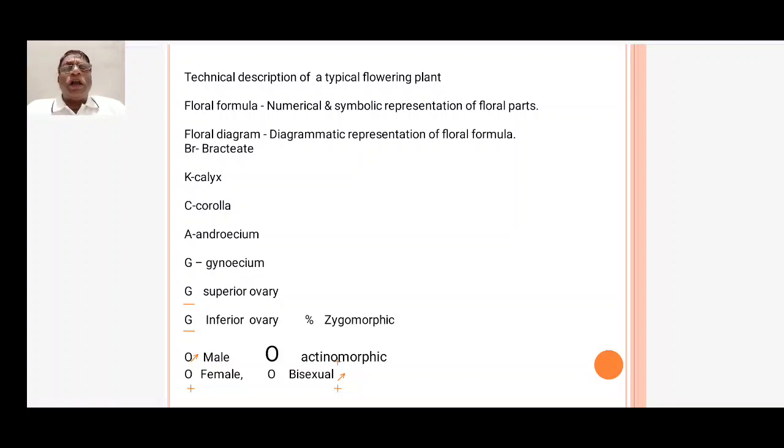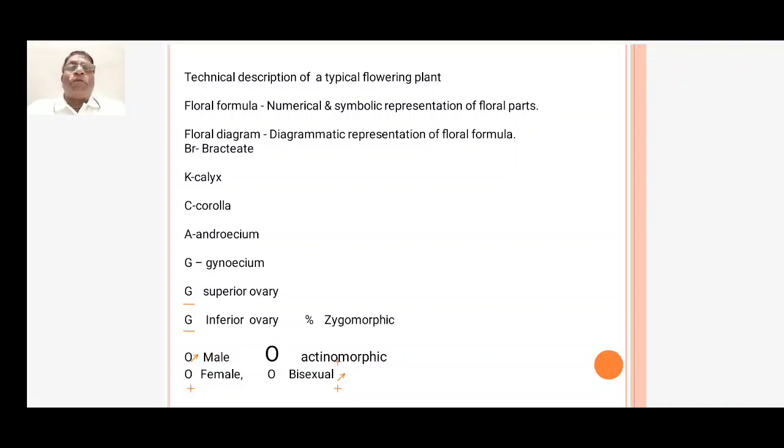A family or a plant can be described, or its characters explained, in many steps, starting from habit to floral diagram. A family or a plant can be studied by vegetative characters and also by its floral characters.